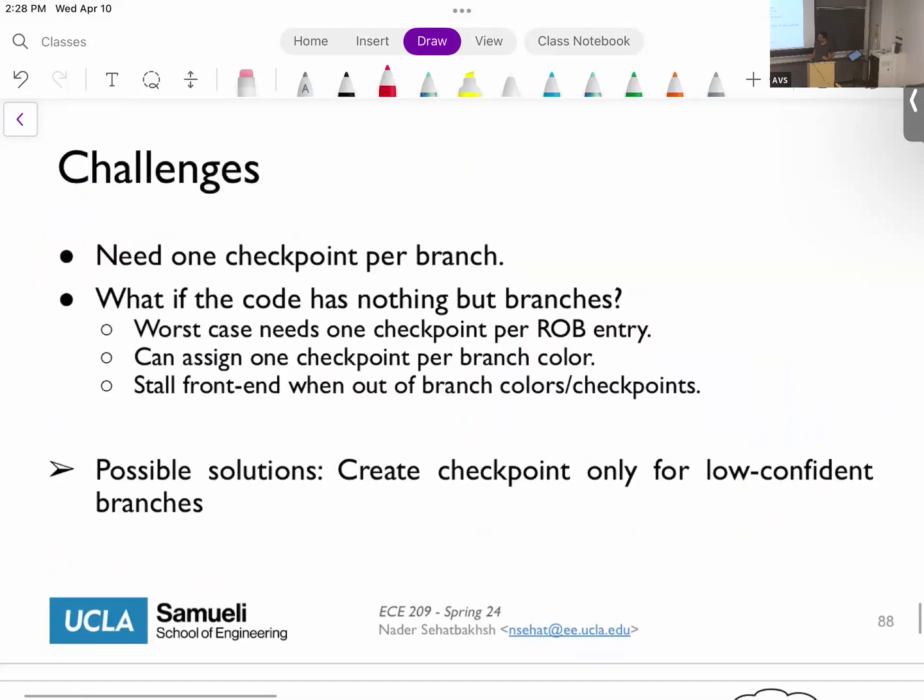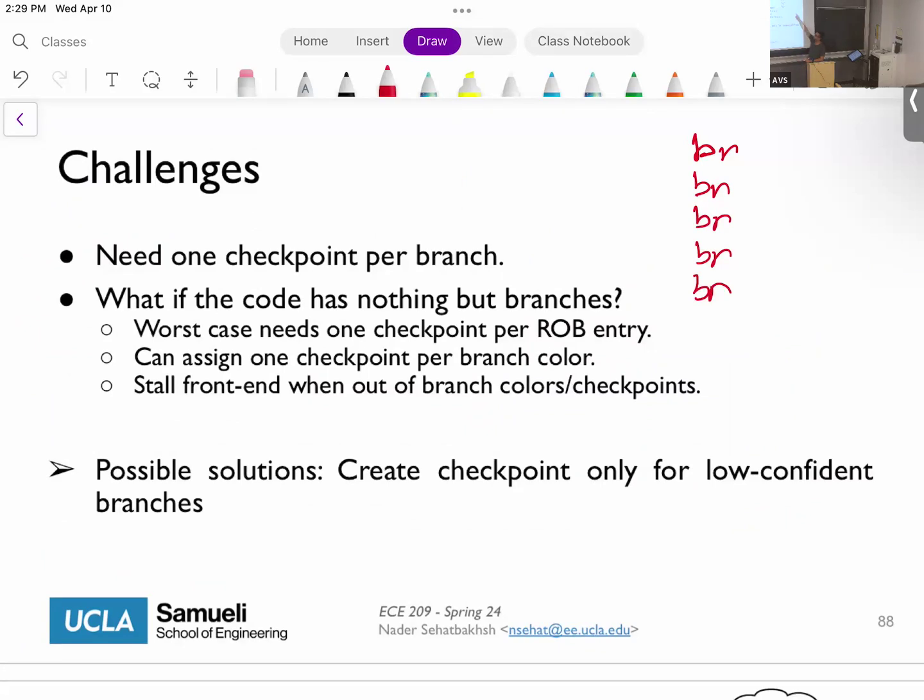Good. So what are the challenges? Of course, we need a checkpoint for every single speculation or every single branch. So the big question becomes, what if you have many branches? A worst case scenario is if you have code that is just this.